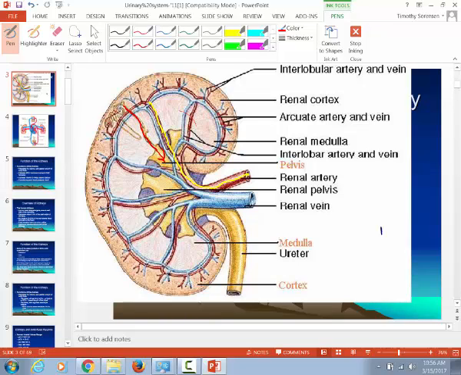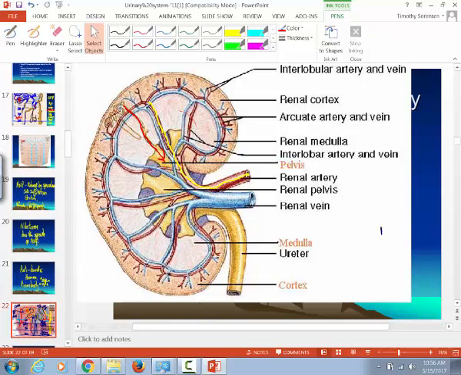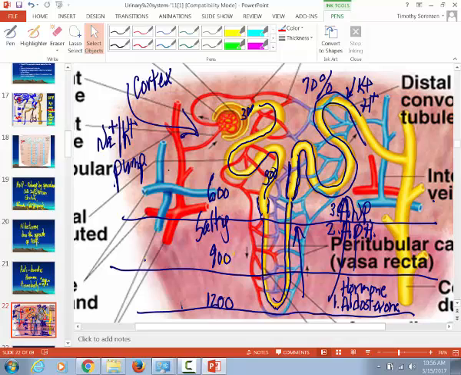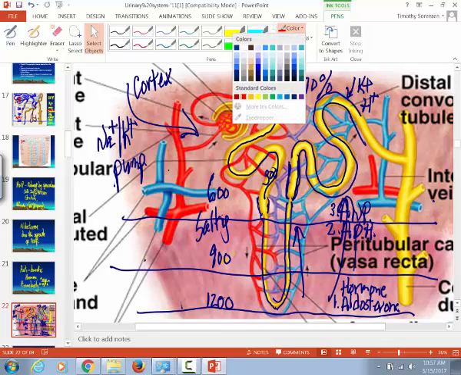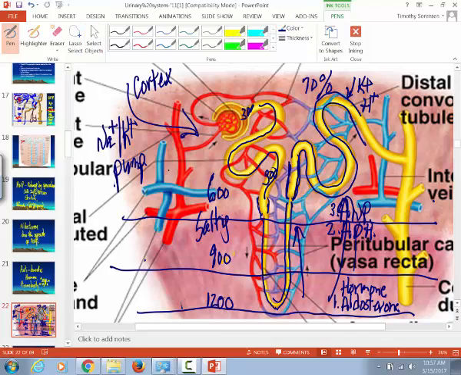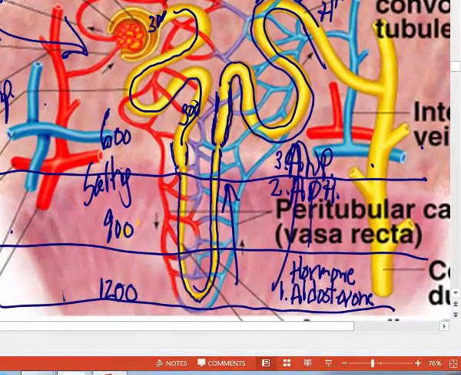No. So, watch. The only way that you can reabsorb water in the collecting tubules is with the hormone anti-diuretic hormone. What anti-diuretic hormone does is it will stimulate the cells that make up the collecting ducts, and it will cause them to insert water channels into those cells.